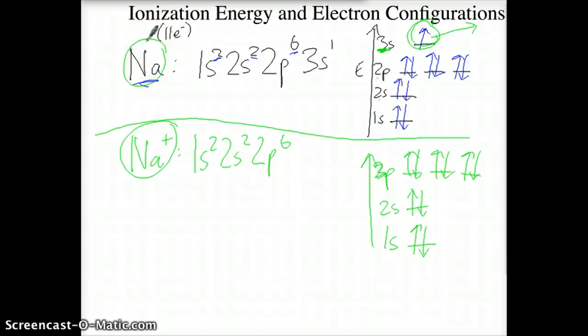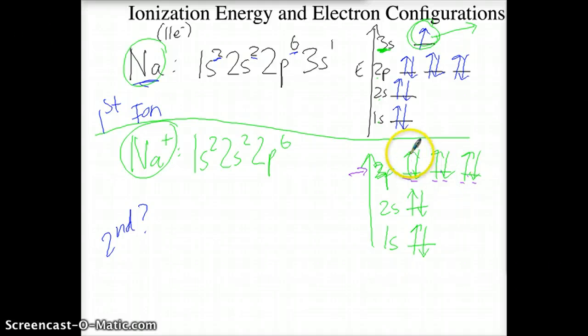An extension question would be to think about, well, this is the first ionization. What about for the second? Which electron would get removed next? Well, all of these electrons here, 1, 2, 3, 4, 5, 6, are at equivalent energies. The px, py, and pz orbitals are at the same energy.